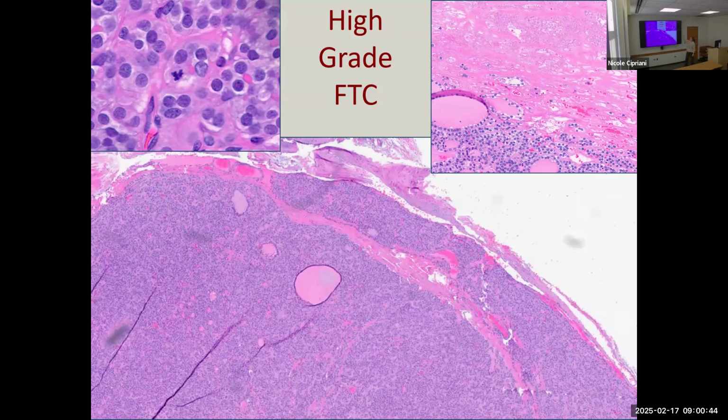Follicular carcinoma can also be high grade without being poorly diff, meaning you still have follicles, you don't have solid growth, but you have mitoses and necrosis. So now this is a high-grade follicular carcinoma, because conceptually, the only thing that differentiates a high-grade follicular carcinoma from a poorly differentiated carcinoma is solid growth or not solid growth.